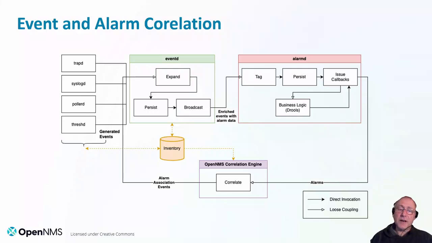So the framework is there, but the actual correlation engine is left up to yourself, in order to choose how you're going to do the correlation between these various events. But out of the box, OpenNMS provides business logic in the form of rules to correlate events into alarms and do a certain amount of other correlation.